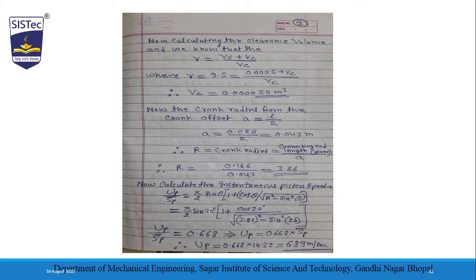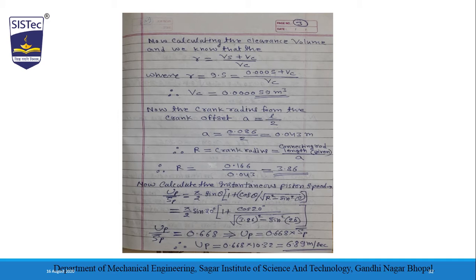Now calculating the clearance volume from the formula of compression ratio, which is equal to swept volume plus clearance volume divided by clearance volume. All values are available: the compression ratio is 9.5, already given, and the swept volume we know is 0.0005.